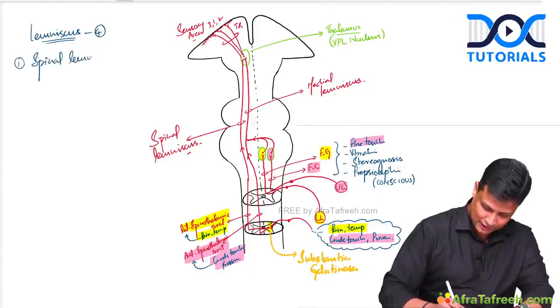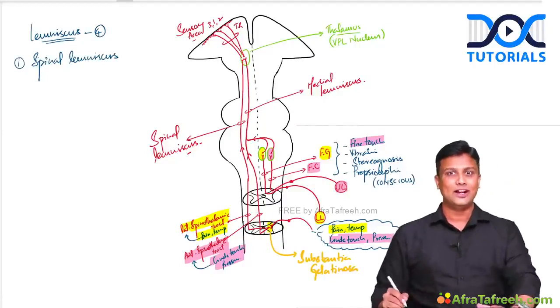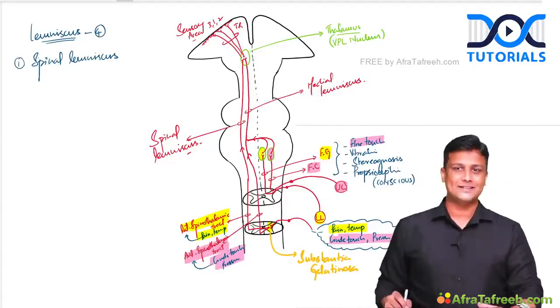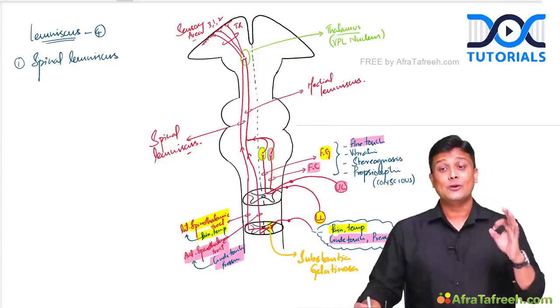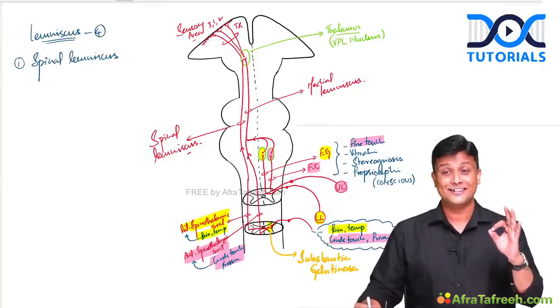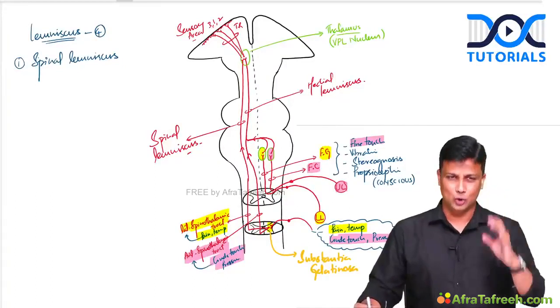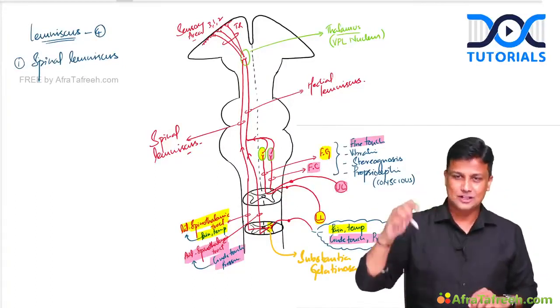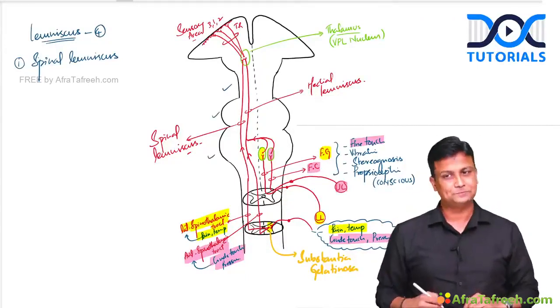And now I want the answers from you. After attending this class, you will be able to even correlate this with medicine, the brainstem syndromes. Suppose you have taken a transverse section along the midbrain or the pons or the medulla oblongata.